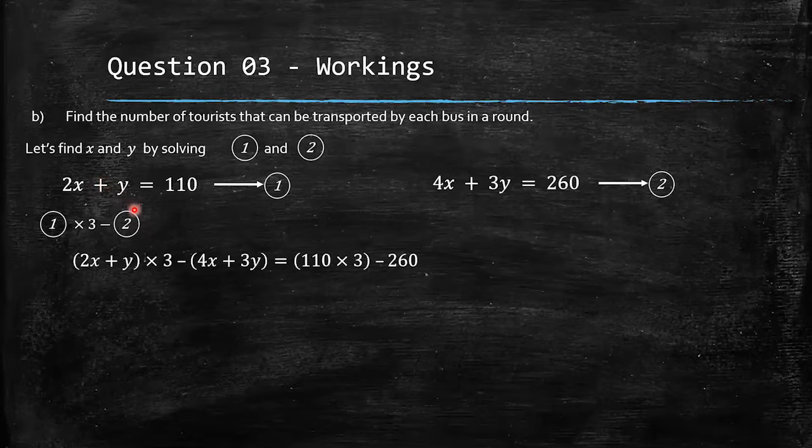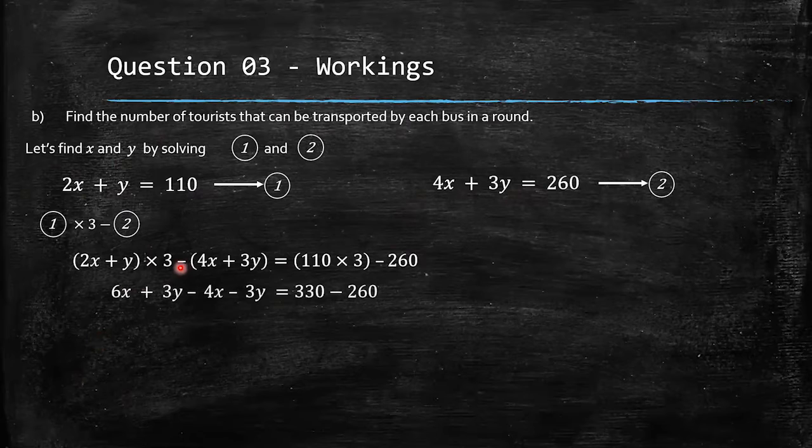So 2x plus y into 3 minus 4x plus 3y is equal to 110 into 3 minus 260. So the two left-hand sides are on the left-hand side and the right-hand sides are solved on the right-hand side.